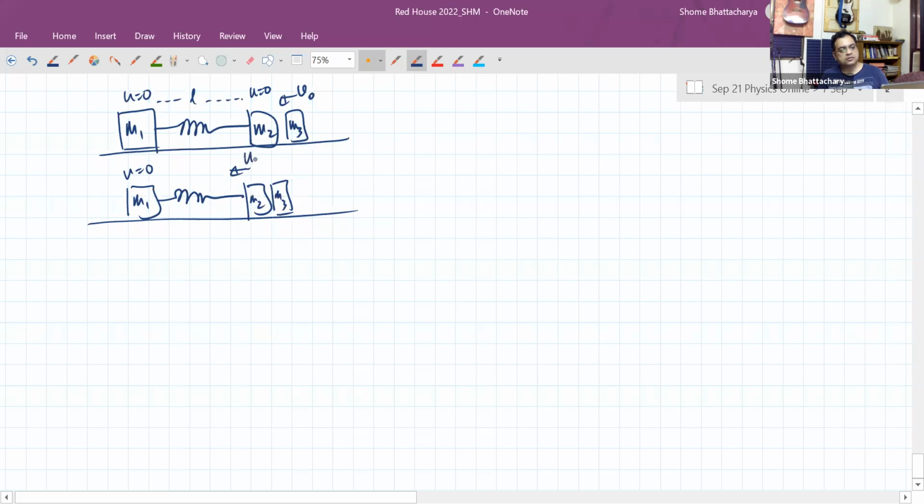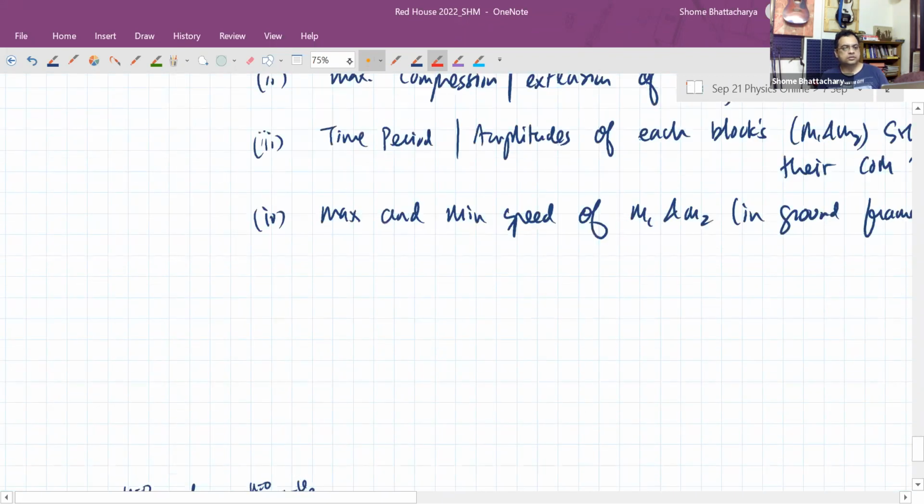Which I will now call u2. I'll solve it this way: m2 is given as 2 kg, and m3 was 1 kg. The coefficient of restitution was 0.5, or half, and v naught was given in the question.